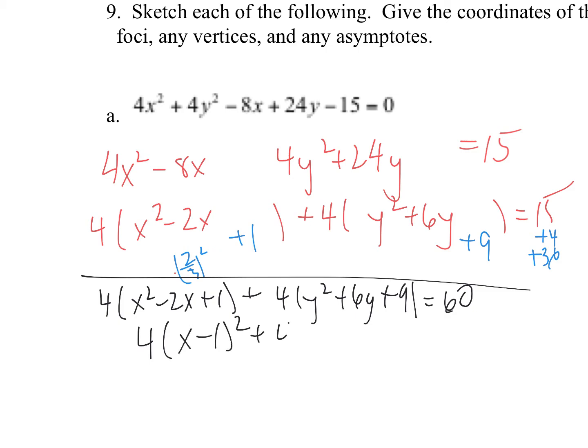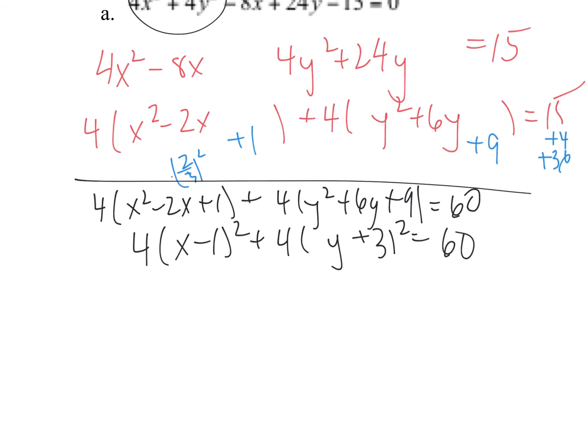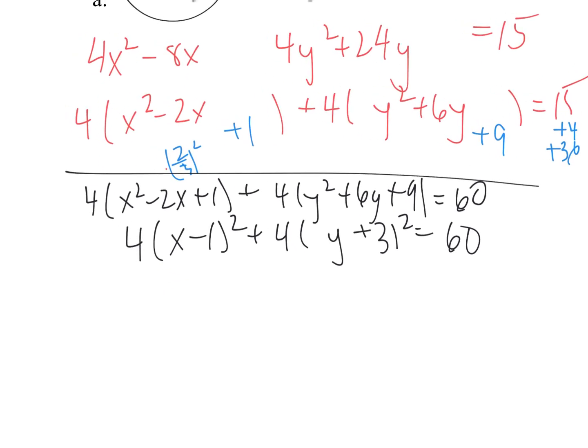And before I continue with the problem, I think it's very clear that this should be a circle from the beginning because the coefficients of both x and y are the same positive values. And so I can leave it in circle form. The quantity x minus 1 squared plus the quantity y plus 3 squared equals 15 when I divide everything by 4.